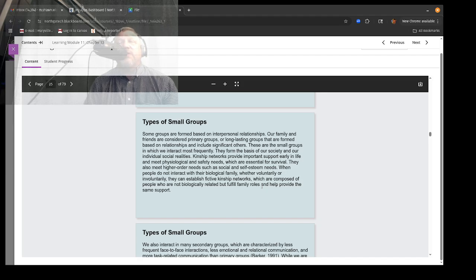They are the groups that we interact with most frequently, but they don't always perform solid task-based stuff as a quantifiable means. They're more about maintaining relationships, growing relationships.